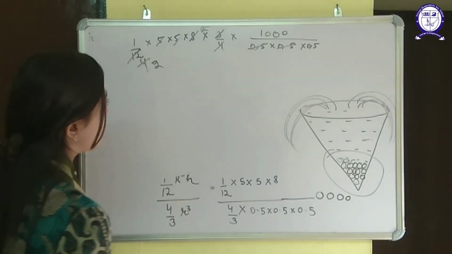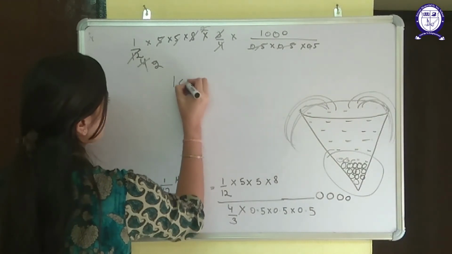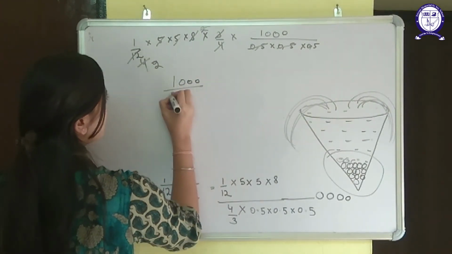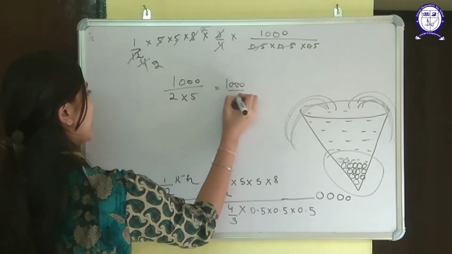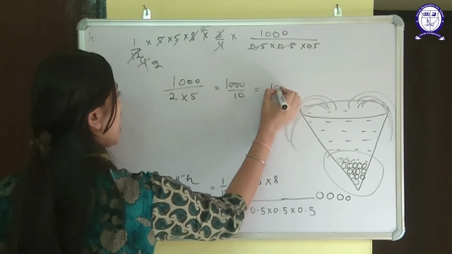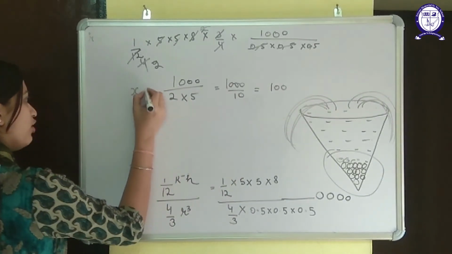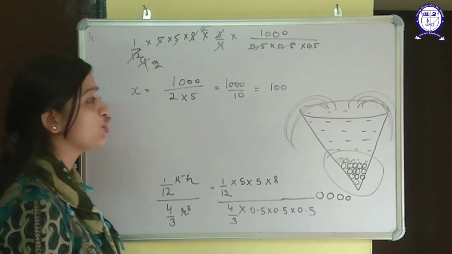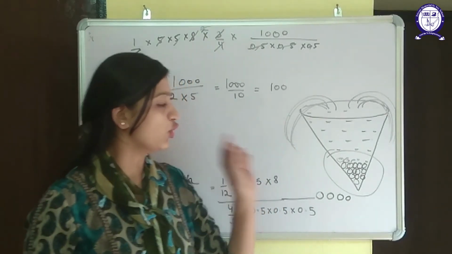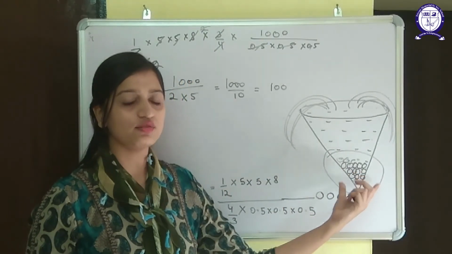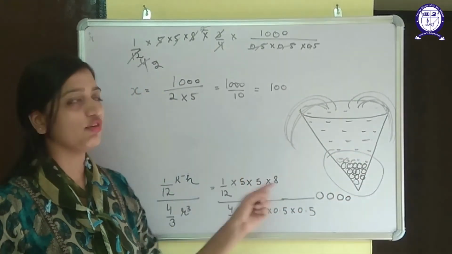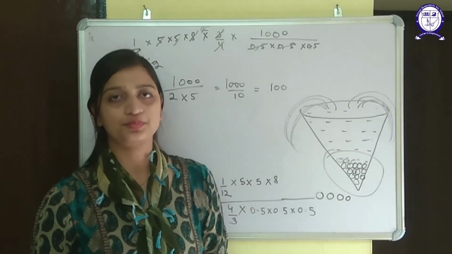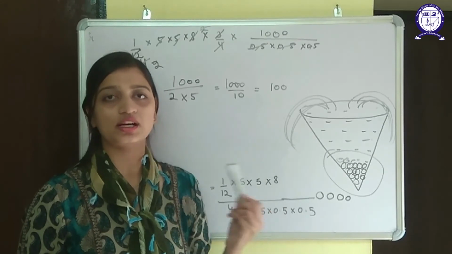So we are left with 1000 upon 2 into 5, that is 1000 upon 10, which equals 100. So this is the value of x. That means we have put 100 small balls into this cone, and the volume of all the 100 balls will be equal to 1/4 of the water displaced from this conical vessel.